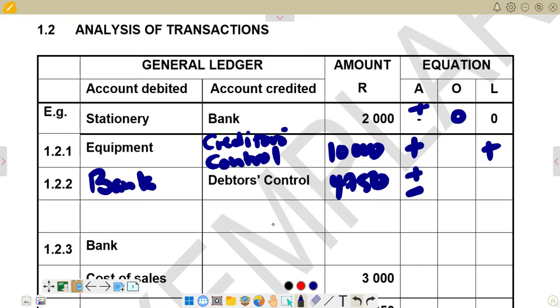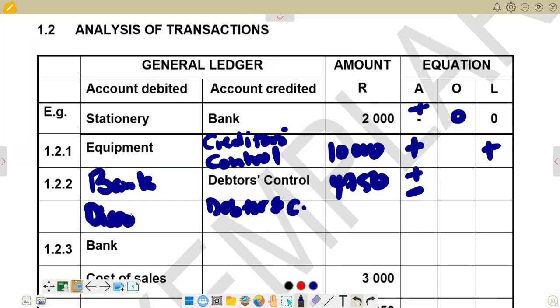Then the second double entry: we've got discount allowed, whereby we are again crediting the debtors control. So we credit debtors control and debit discount allowed as an expense.